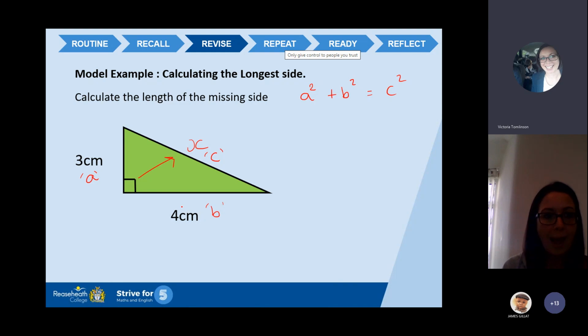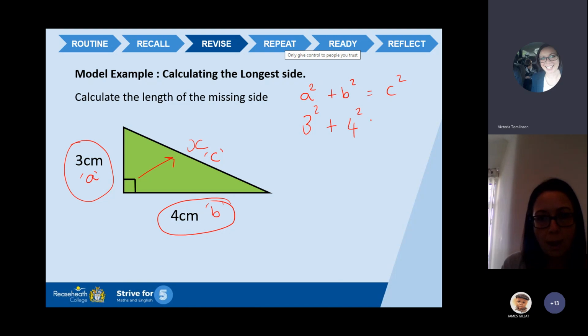Now A squared. So A is 3. So 3 squared plus B is 4. So 4 squared equals C squared, and we don't know what that is yet. 3 squared is 9. Remember, it's not 3 times 2. 4 squared is 16.